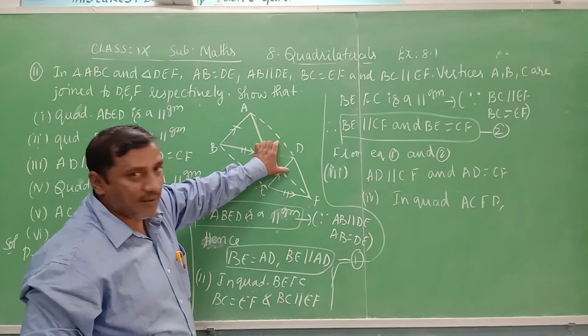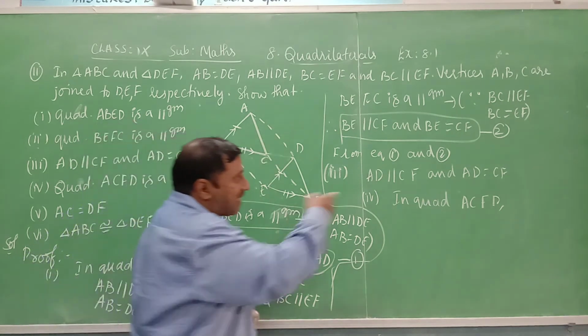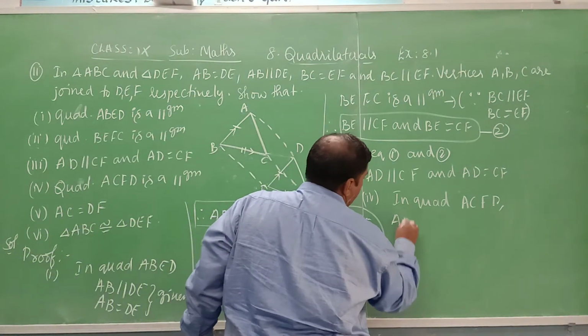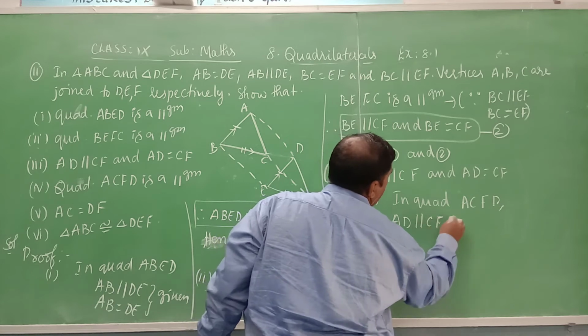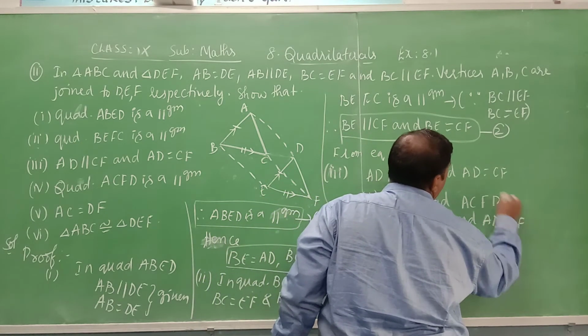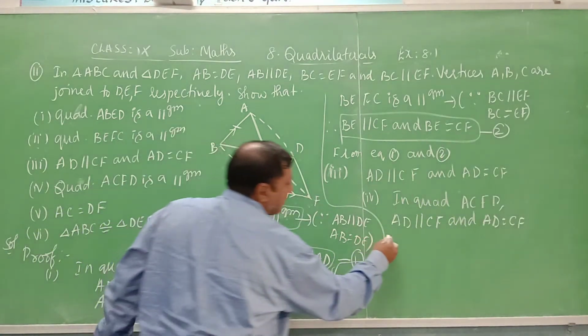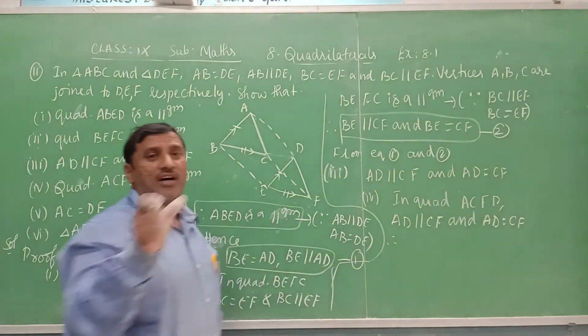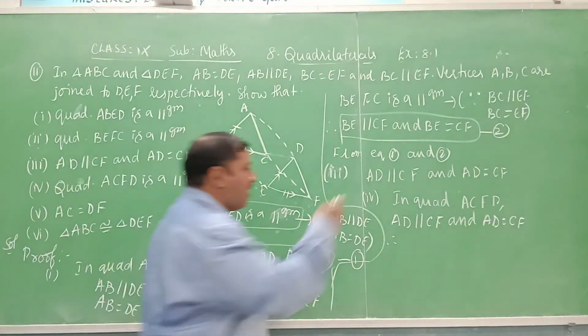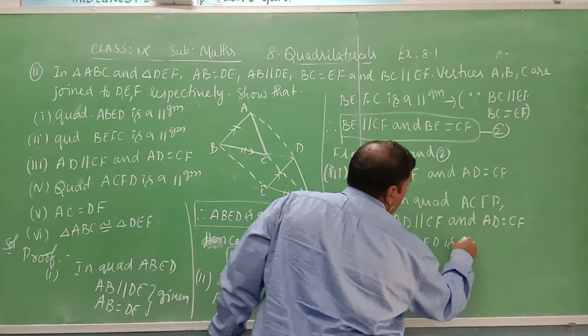So one pair of opposite sides are equal and parallel. Therefore, ACFD is a parallelogram.